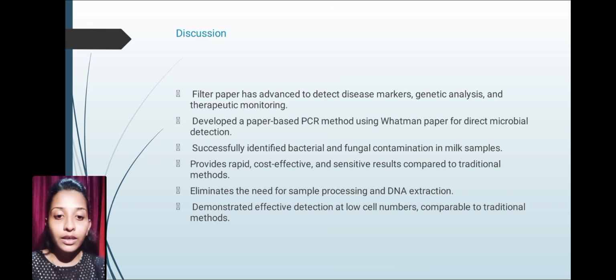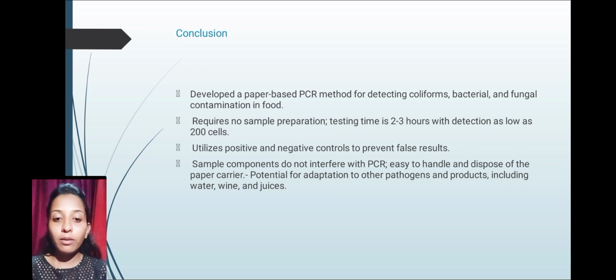It eliminates the need for sample processing and DNA extraction, demonstrating effective detection at low cell counts compared to the traditional method. The developed PCR-based method for detecting coliform bacteria and fungal contamination in food requires no sample preparation.